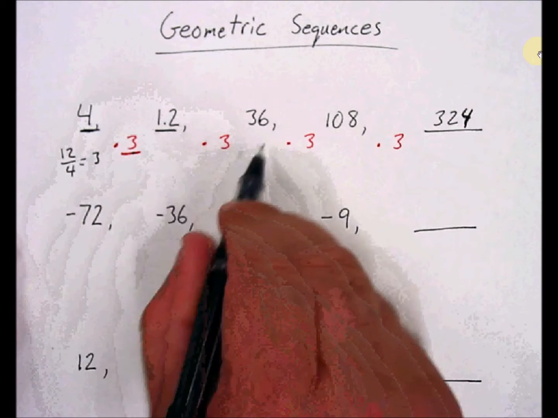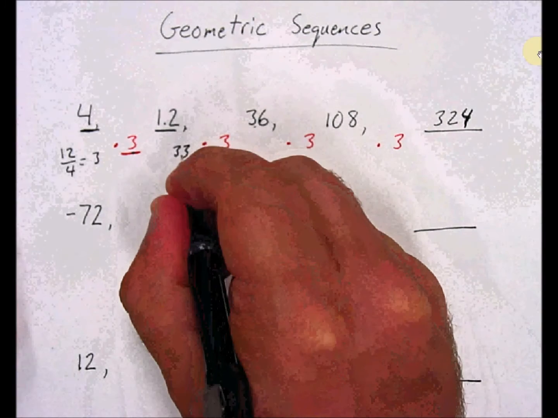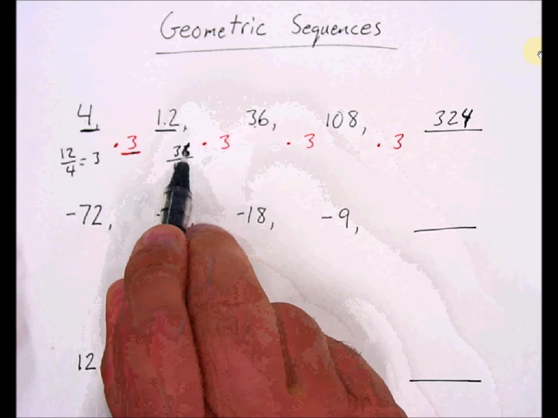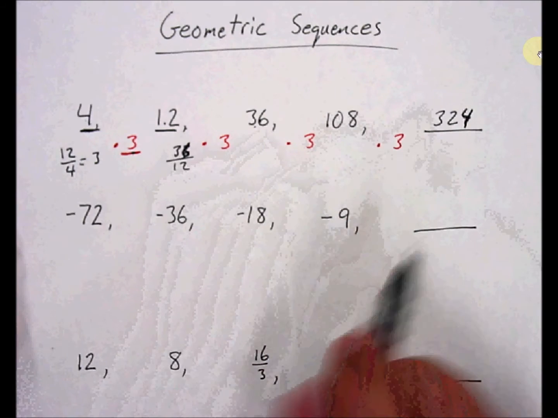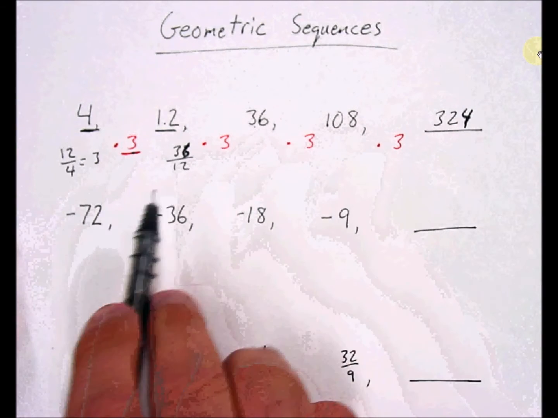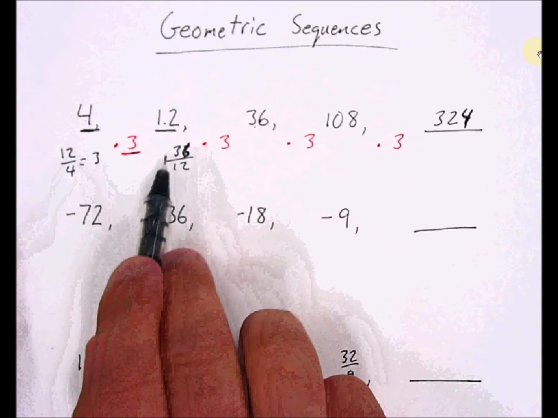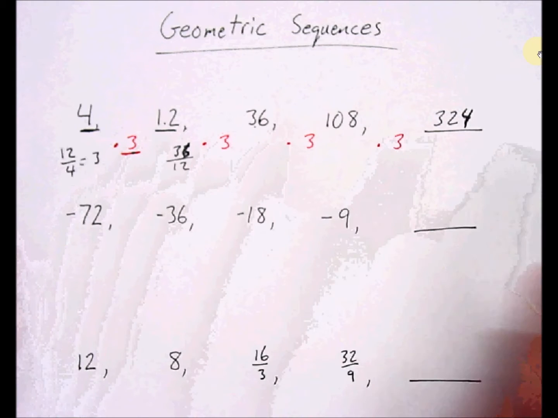And it should be the same on all of these. If I take 36 divided by 12, I end up with that simplifying down to a 3, 108 divided by 36, and so on. Now this one was easy to see, but knowing how this works and why it's called a common ratio can be helpful if the pattern's not quite as easy to see.